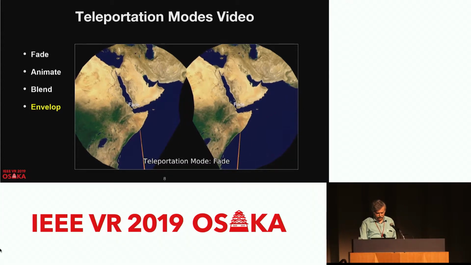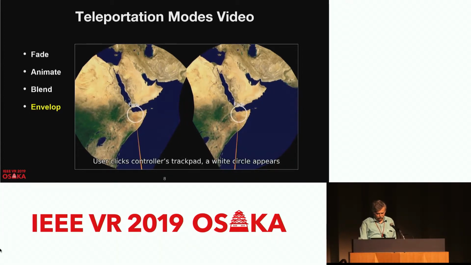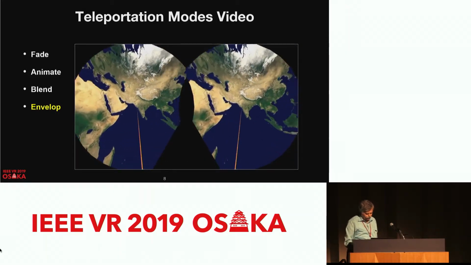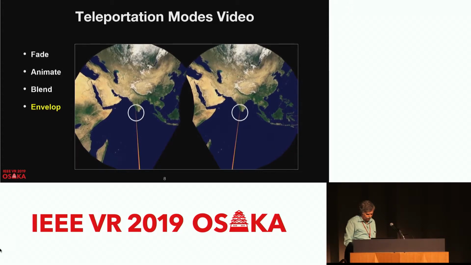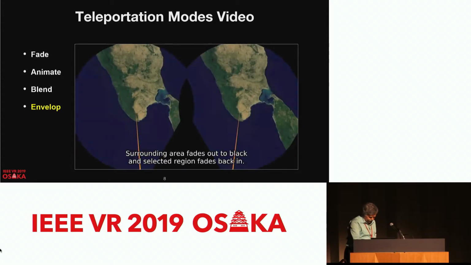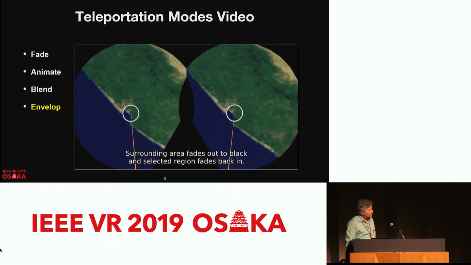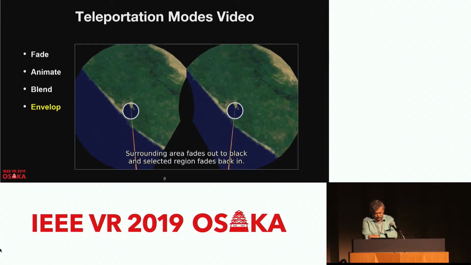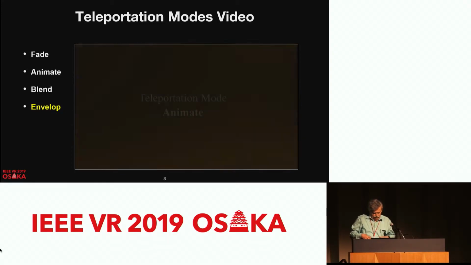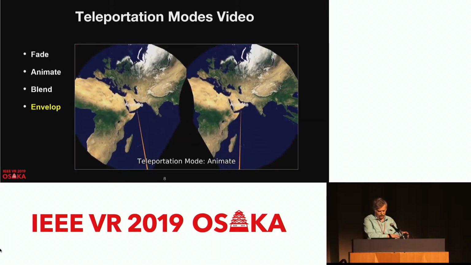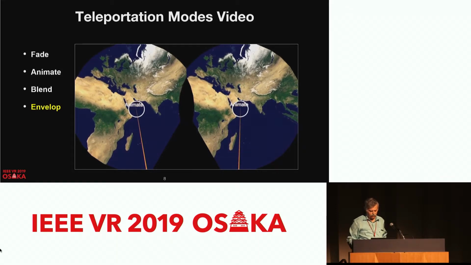So here we have a video that compares the 4 teleportation modes. Fade is the first one. So in the fade, you basically transition from the current mode to black and then to the new mode.